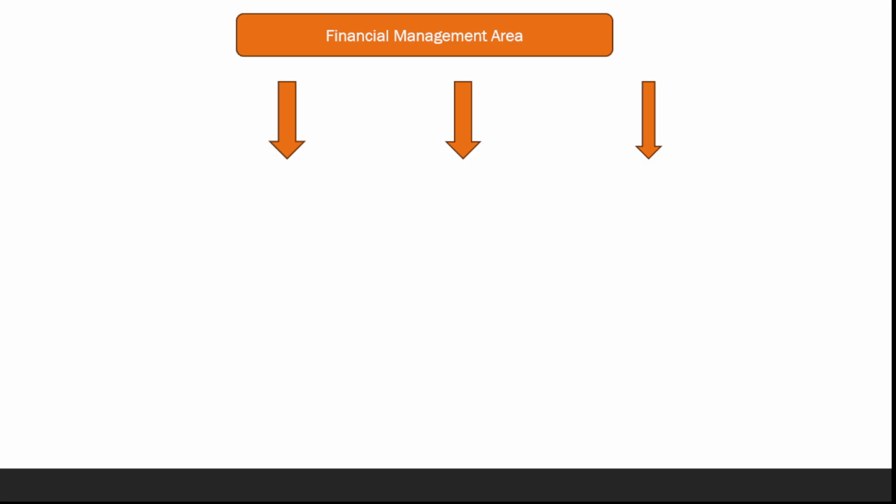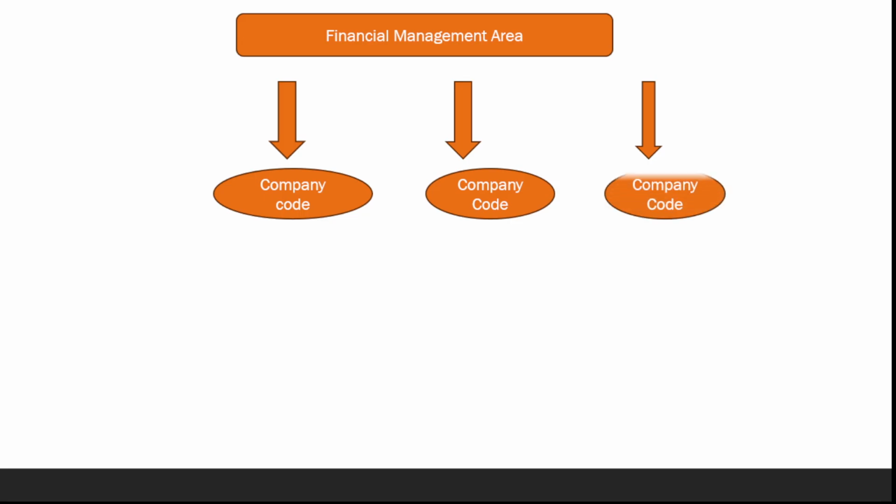The funds management functionality allows clients or organizations budget commitment and control of their financial resources. Normally, in cross company code cash budget and funds management cases, the financial management area, or FM area, is also used.